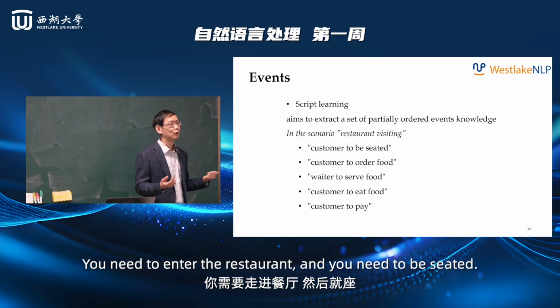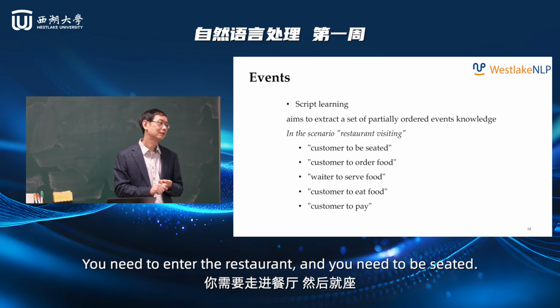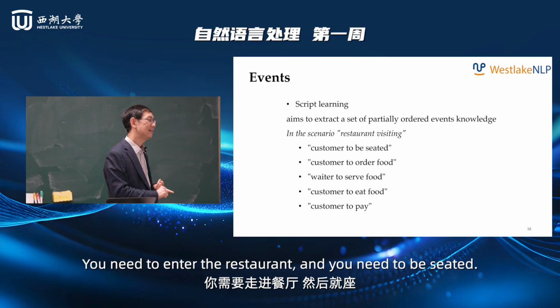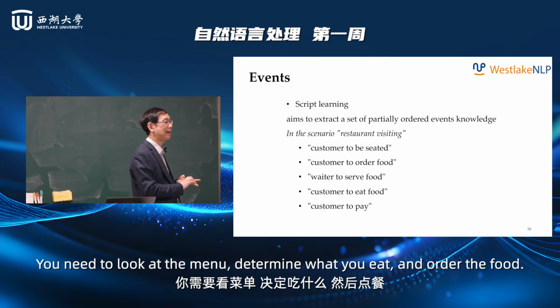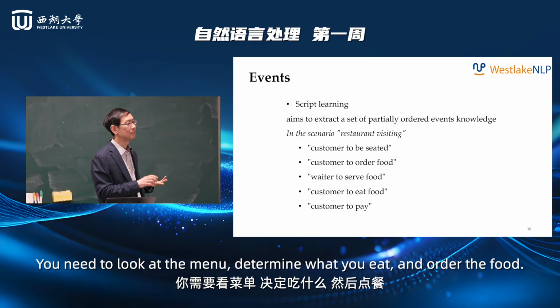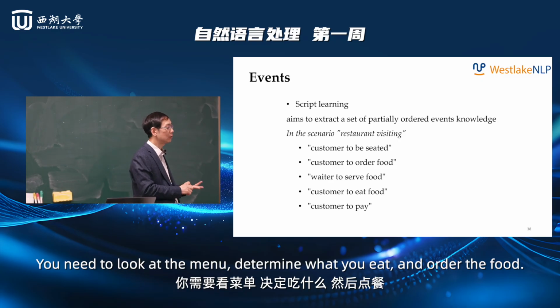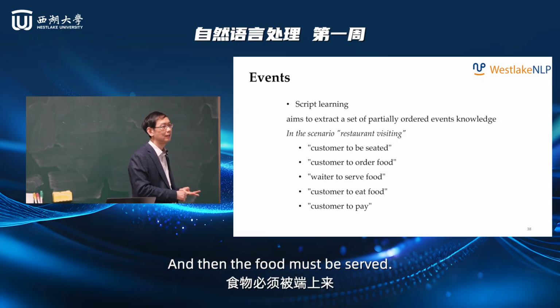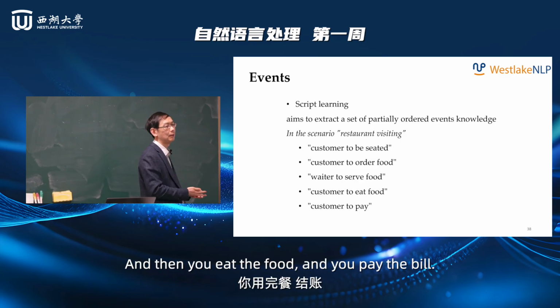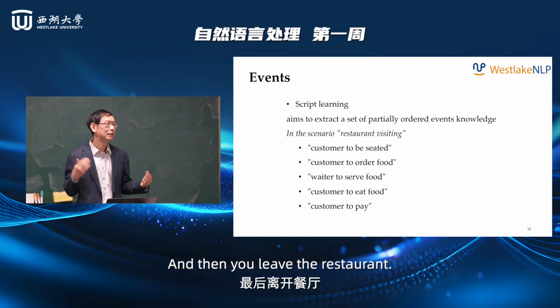You need to enter the restaurant, and you need to be seated. You need to look at the menu, and determine what to eat. You need to order the food, and then the food must be served, and then you eat the food and pay the bill, and then you leave the restaurant.